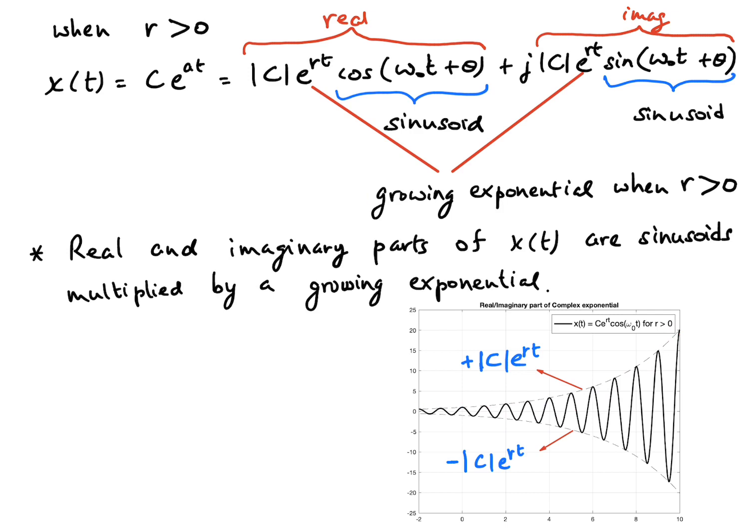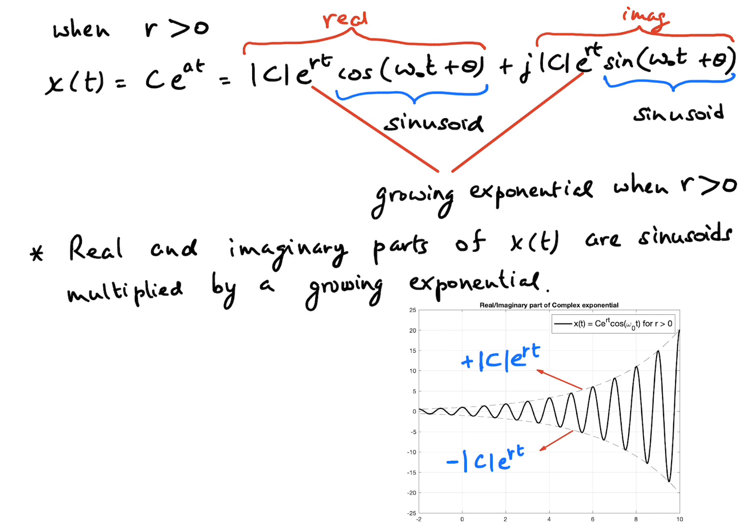That means the real part of the complex exponential is getting multiplied with a growing function, because as time increases, this value keeps on growing. So the real and imaginary parts are getting multiplied with a growing exponential when r is positive.